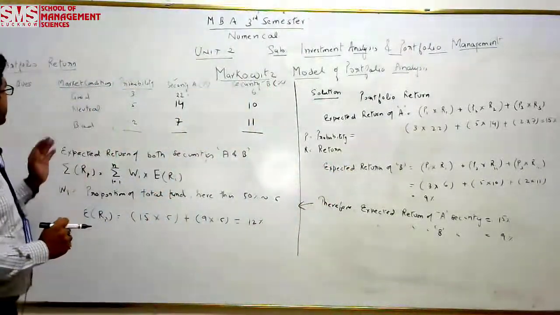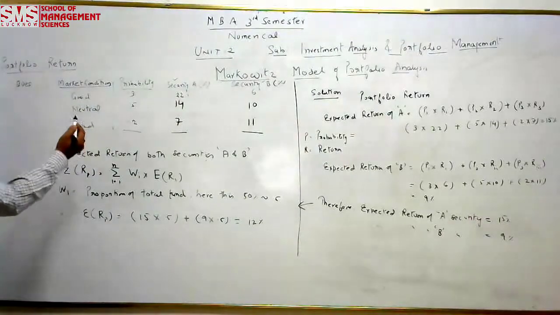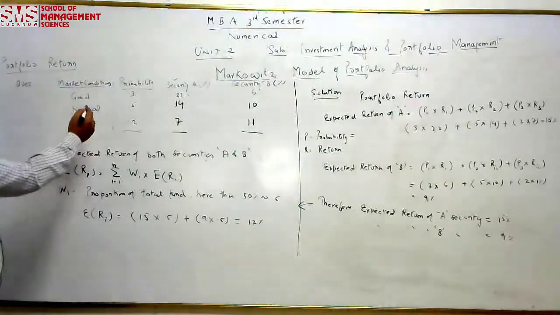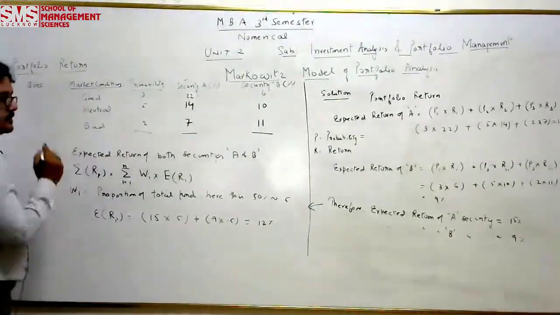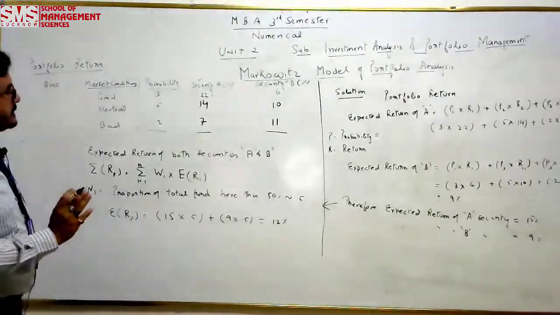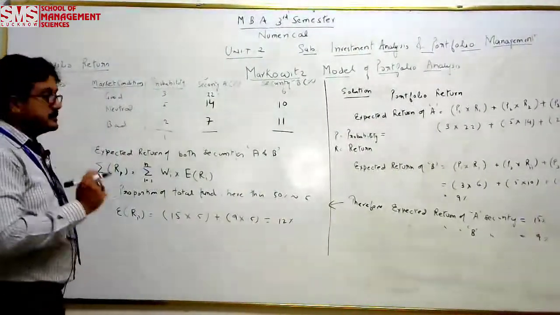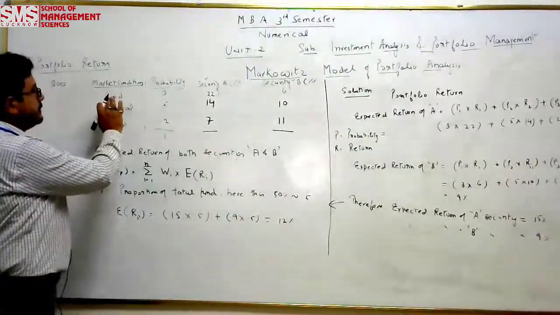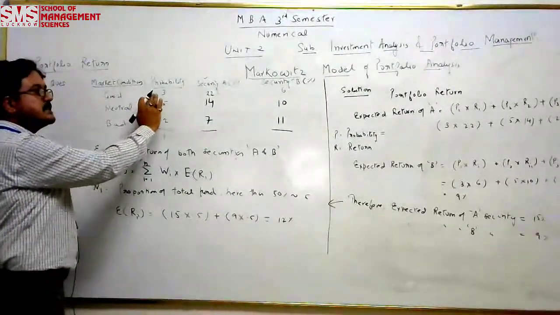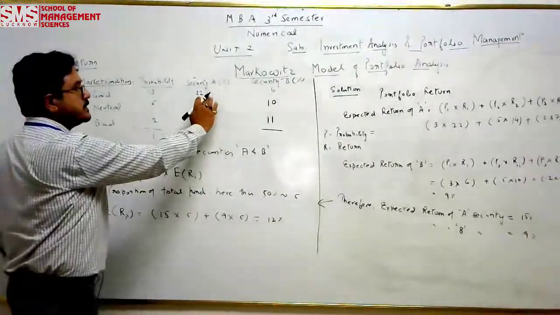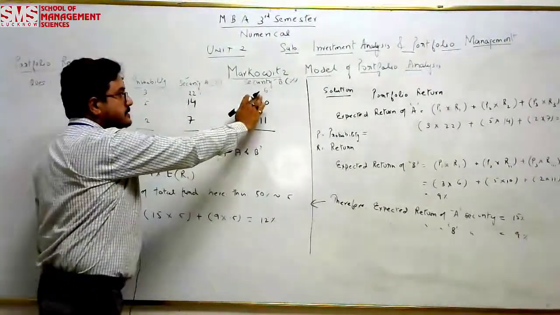This is the question. Here there are 3 conditions and according to each condition there is a probability. All of you know probabilities: the sum of probability is always 1, not more than 1. So in this case, if the market condition is good, the probability is 0.3, and the return of A is 22 and the return of B is 6.